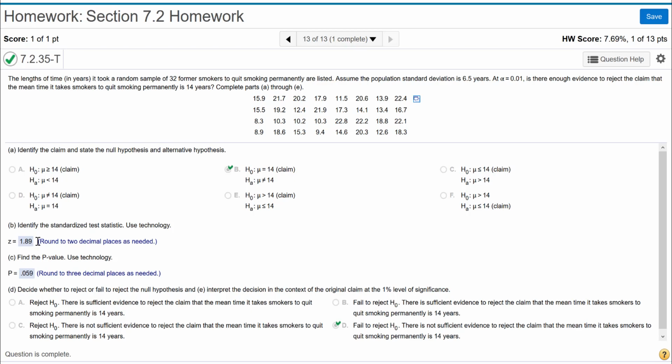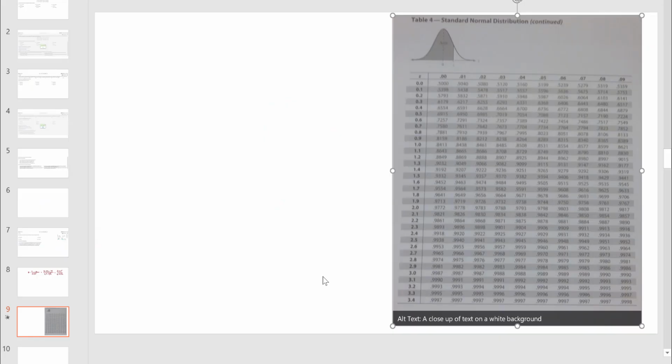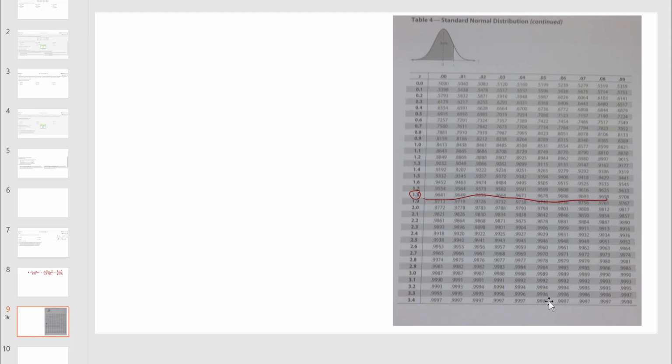Okay, with that, I'm going to have to look at my chart, or just find the p-value here. This is the chart in the back of the textbook. I look for 1.89 on my normal distribution. There's my little chart here. Let's see if I can read it. So 1.89 is here, and then moving forward all the way to this category right here.